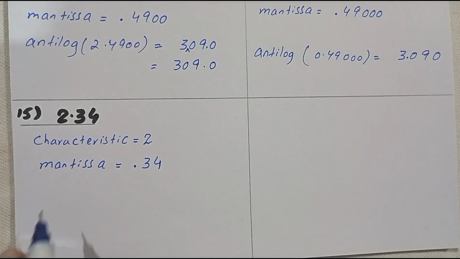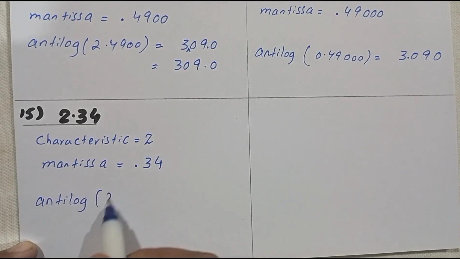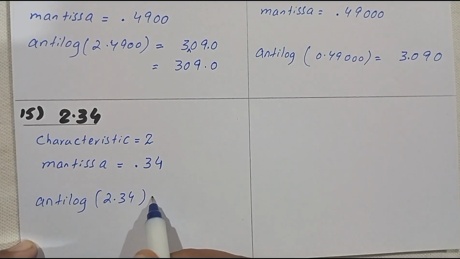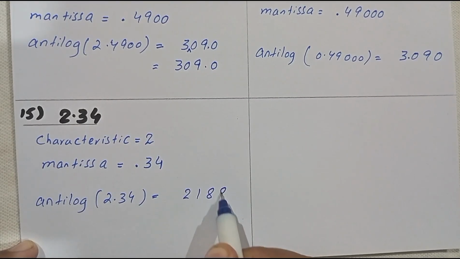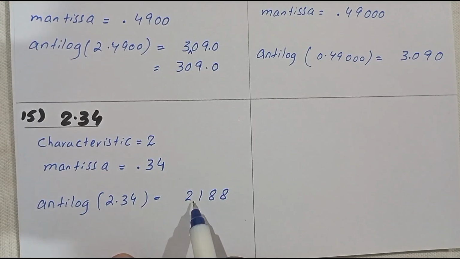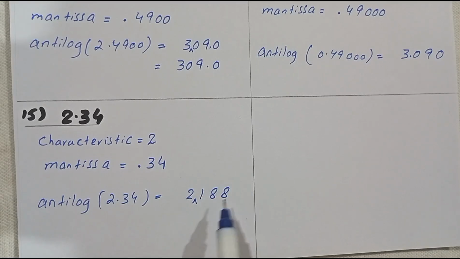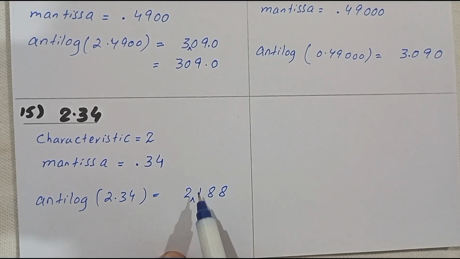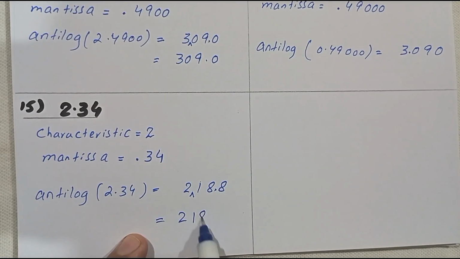So antilog of 2.34 equals 2188, as reference position is after 2. So characteristic is +2, so we have to count 2 digits from reference position to the right side, that is 1 2, and then place the decimal. So the final answer is 218.8.